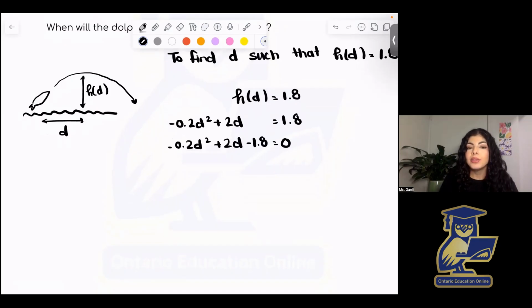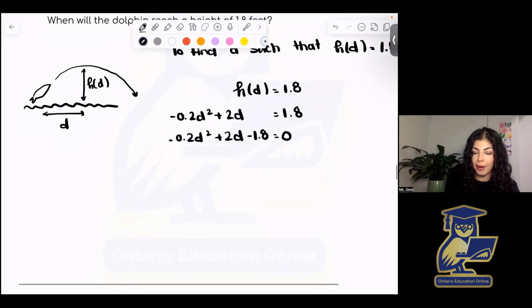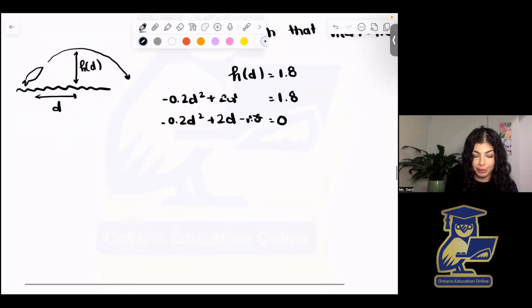Okay, and so here is where you might have had a challenge. And you might have used a graphing tool at this point, which is okay, but I'm going to show you a way that we could solve this just using algebra and no technology or no computer tools.